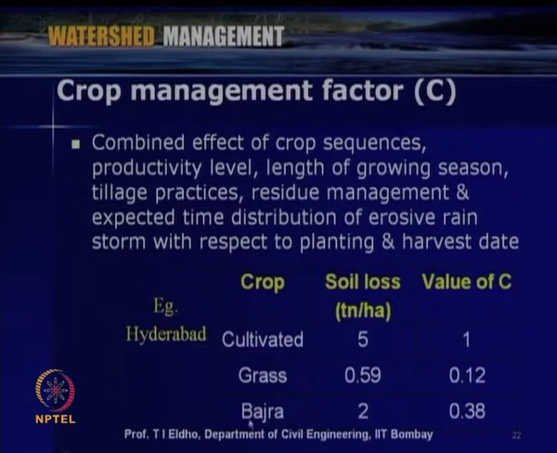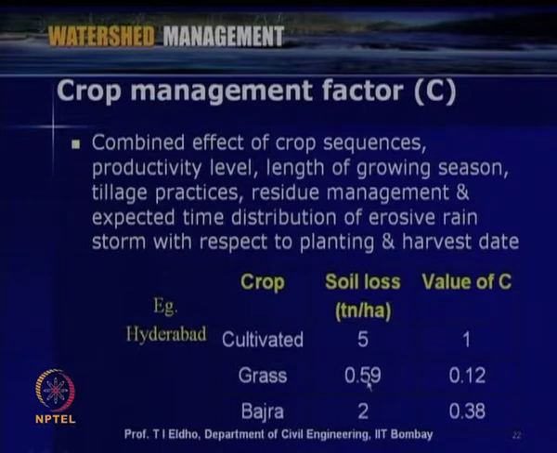So, this depends upon the locality. For example, various textbooks give this crop management factor depending upon the locality and the type of crop. For example, for the Hyderabad region, for the cultivated fallow, the soil loss can be 510 per hectare, and the value of C is 1.